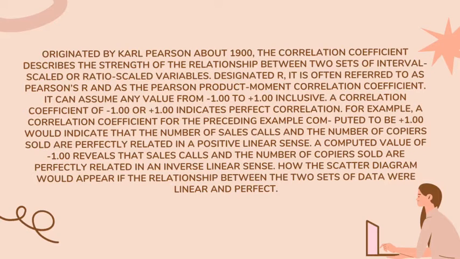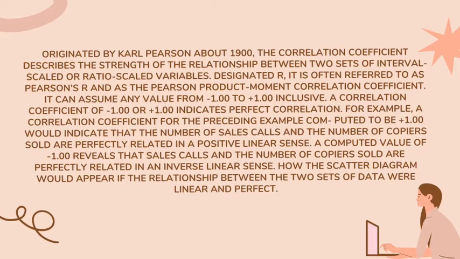For example, a correlation coefficient for the preceding example computed to be positive 1.00 will indicate that the number of sales calls and the number of copiers sold are perfectly related in a positive linear sense.